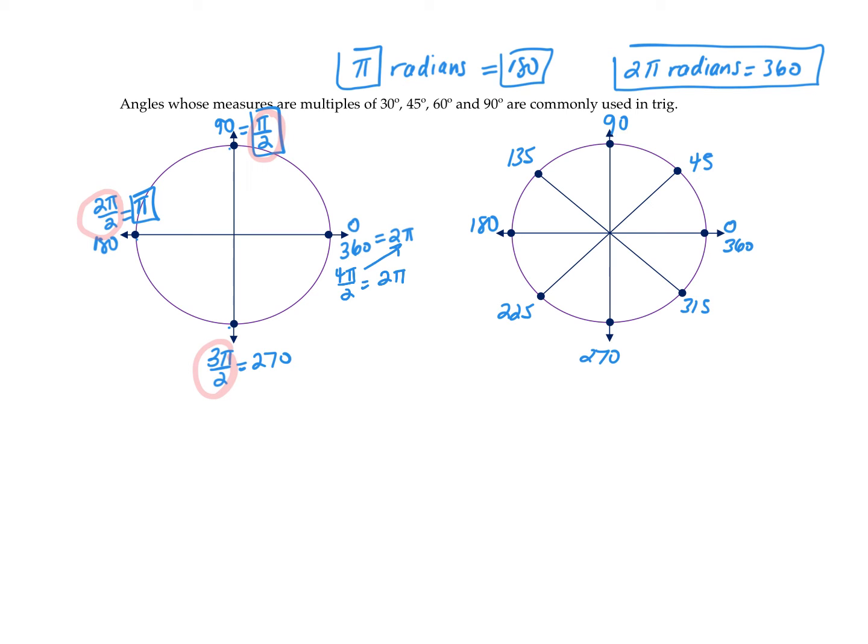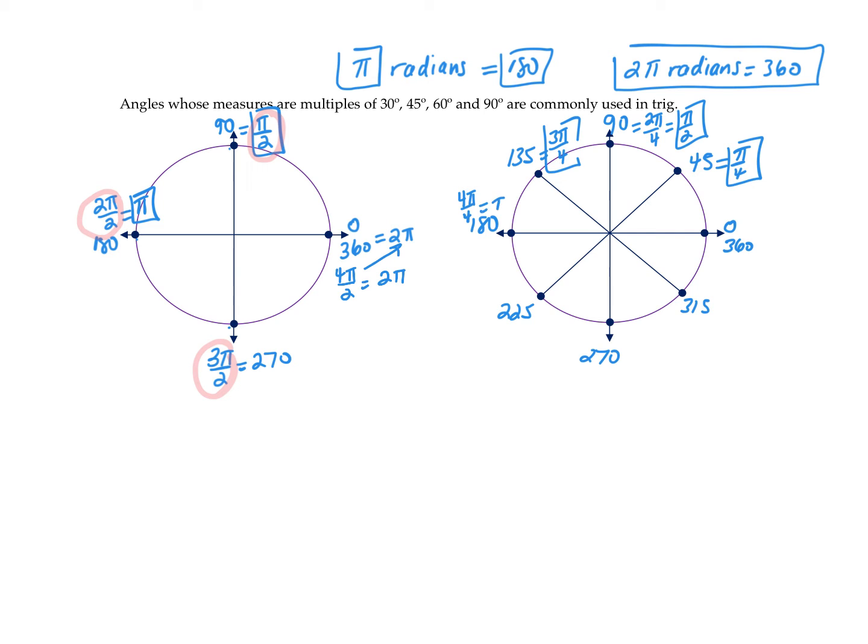Okay, converting these into radians. So 45 degrees is 1/4 of the way to 180, so it's pi over 4. 90 would be 2 pi over 4, but remember we want to reduce that to pi over 2. 135 would be 3 pi over 4. 180 would be 4 pi over 4.